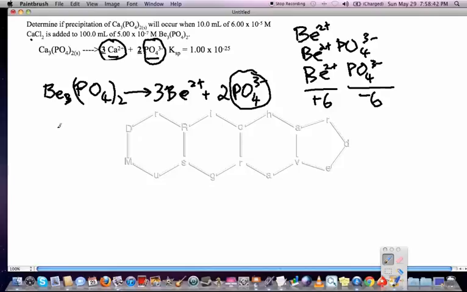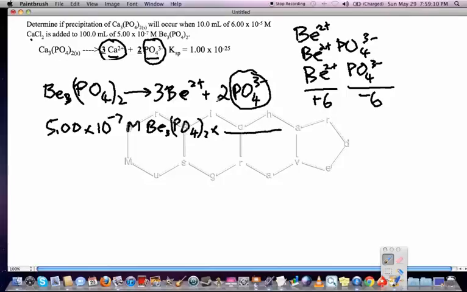So we'll start off with 5.00 times 10 to the negative 7 molar Be3(PO4)2 times. Now if you look at the stoichiometry, we get 2 moles of phosphate for every 1 mole of beryllium phosphate.